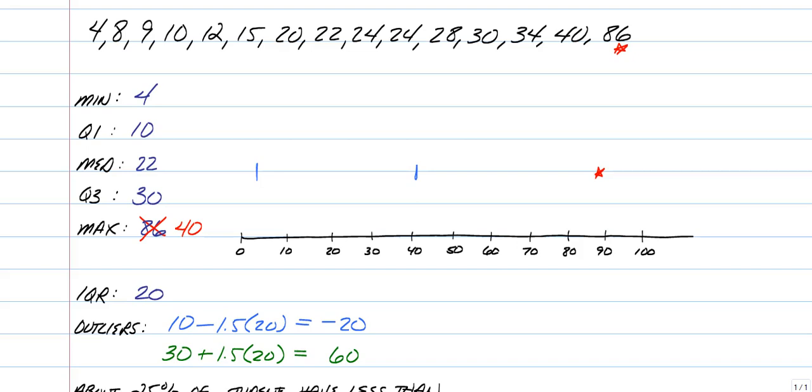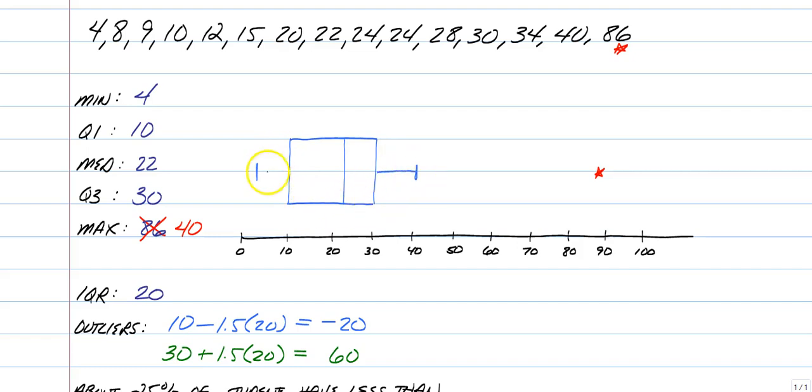So Q1 is 10. So at 10, we're going to draw a bigger line. At our median of 22, we're going to draw another line of the same height. And our Q3 of 30 is going to be drawn right there at 30. And all you have to do is create that as a box.